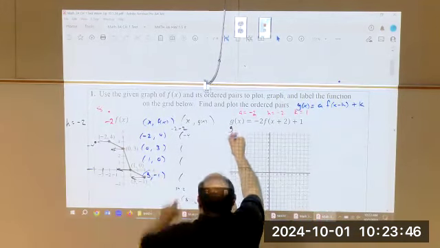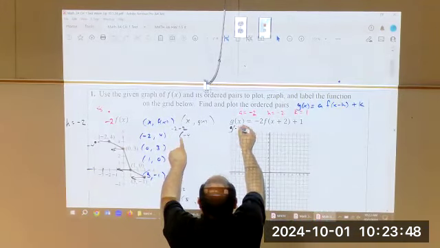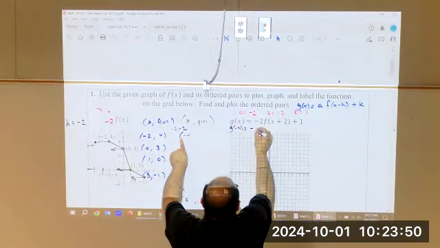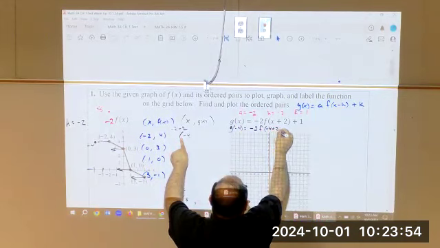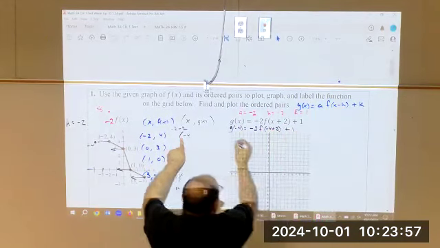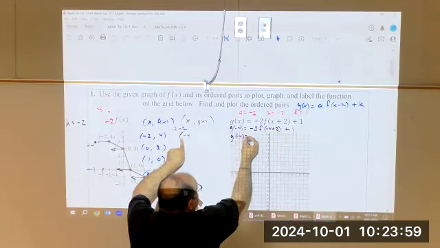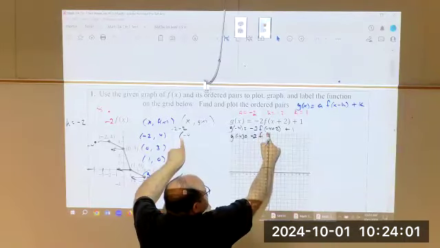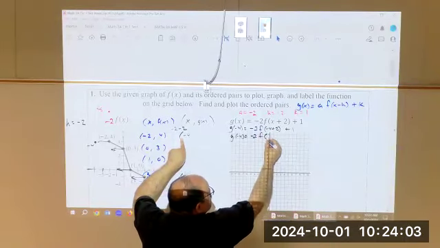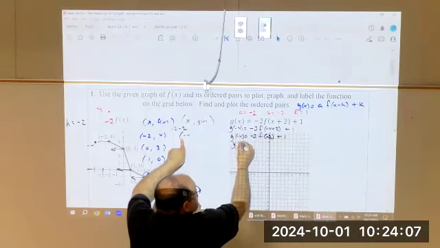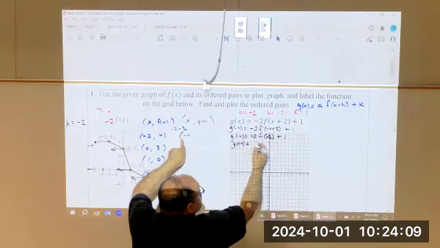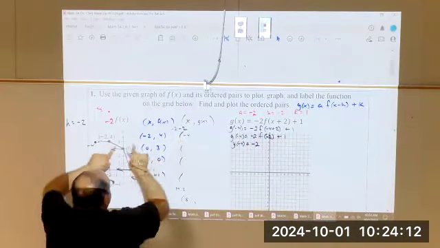If I go g of -4, g of -4 is equal to -2 times f of -4 + 2, plus 1. So g of negative 4 is equal to negative 2 times, what's negative 4 plus 2? -2. F of negative 2, plus 1. So g of negative 4 is equal to negative, f of negative 2.